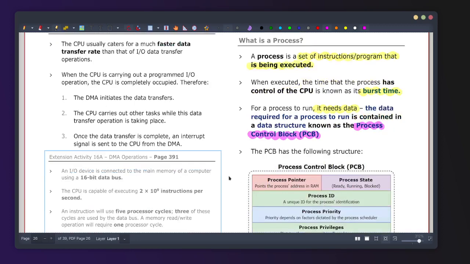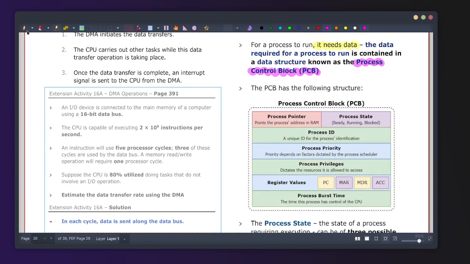All right. The PCB has the following structure. Now, the structure of a PCB is not that important, but let's quickly discuss it. The process control block has something called the process pointer, which is basically a small address that tells the processor where that process exists in RAM.